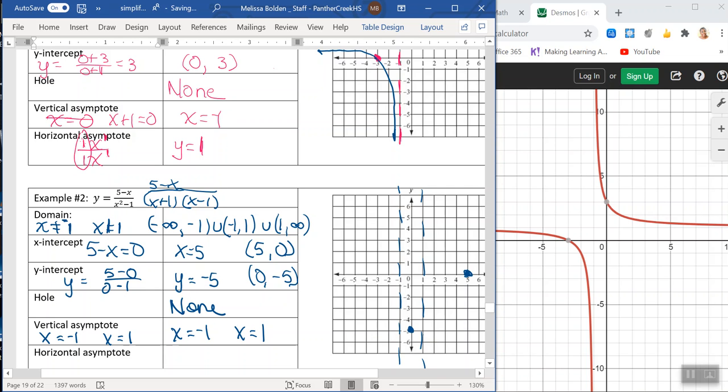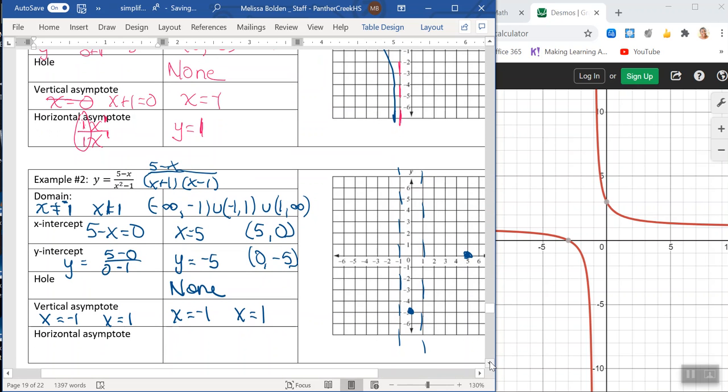And my horizontal asymptote, I compare the highest exponent in the numerator, x to the first, and the highest exponent in the denominator, which is x squared.